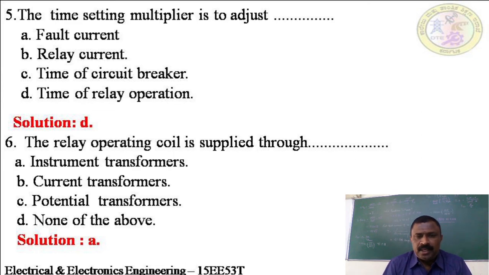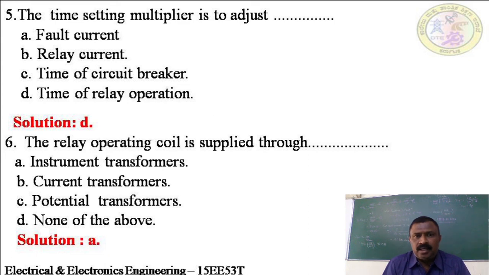Next question, the relay operating coil is supplied through dash. Option A is an instrumentation transformer, option B is a current transformer, option C is a potential transformer, and option D is none of the above.